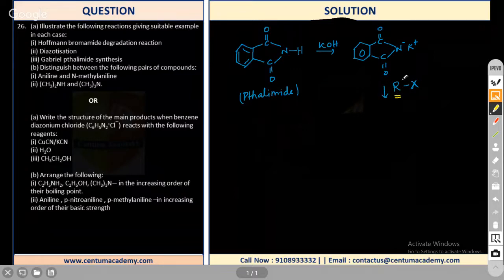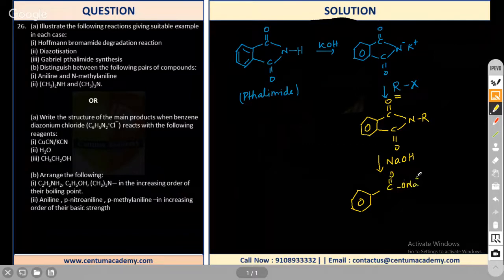So KX forms here, and the product in this reaction will have C double bond O, C double bond O, and we'll get the N-alkyl substituted product. This is allowed to react with NaOH, and with NaOH the product we get is the sodium salt of this, O minus Na plus.